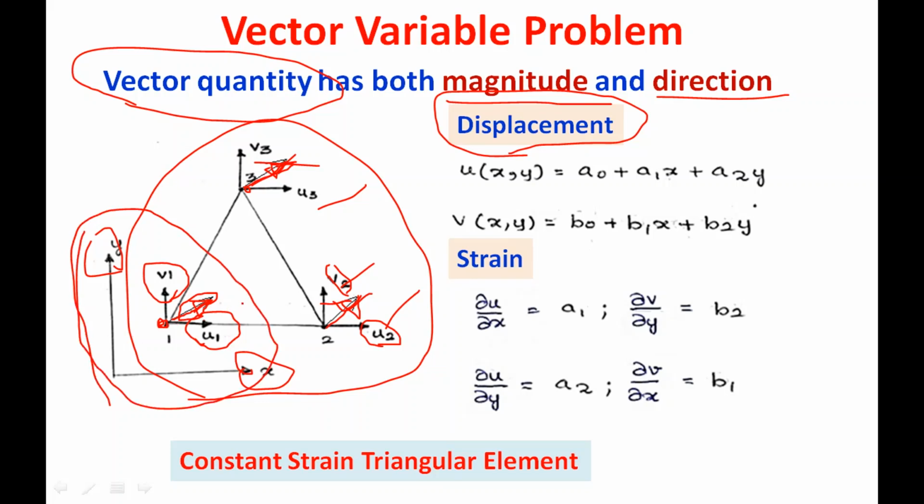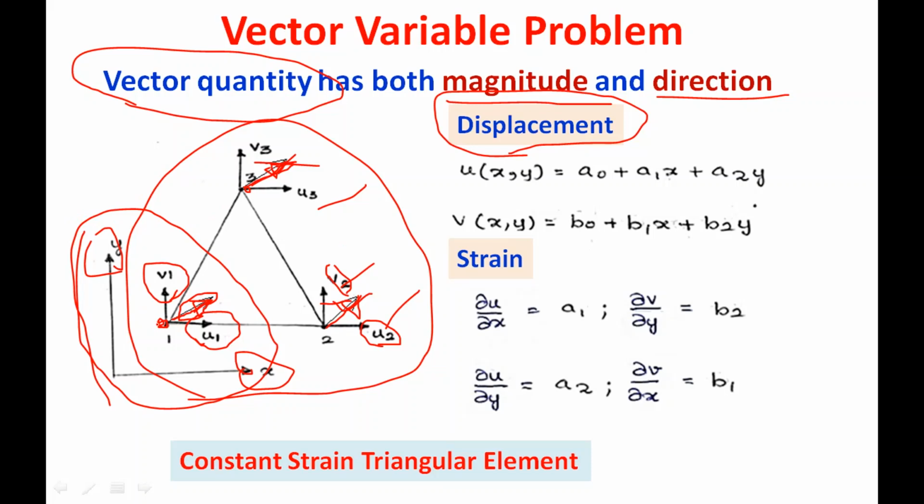When you resolve the vector quantity, which is a displacement, along the x and y direction, then we can easily group or assemble all these displacement components along the x direction and along the y direction. For that purpose we are using these components of the local displacement along x and y direction.